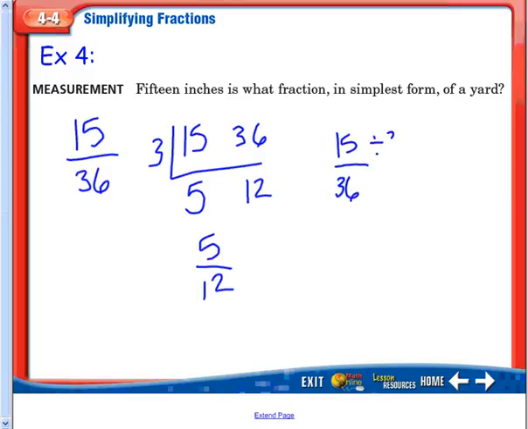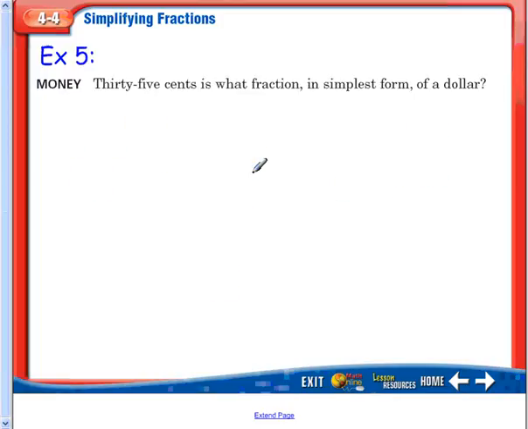If I knew that right away, I could write 15 over 36, divide the numerator by 3, divide the denominator by 3 to get 5/12. Either way, you're going to get the same answer, but doing it with the L method, you don't need to know the greatest common factor right off the bat.